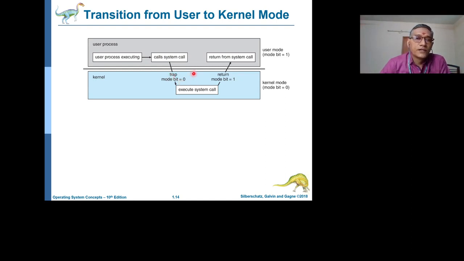It executes the system call on behalf of the user process, then sets the mode bit back to user mode and returns control to the user program. In this way, the protection mechanism is implemented for the operating system.